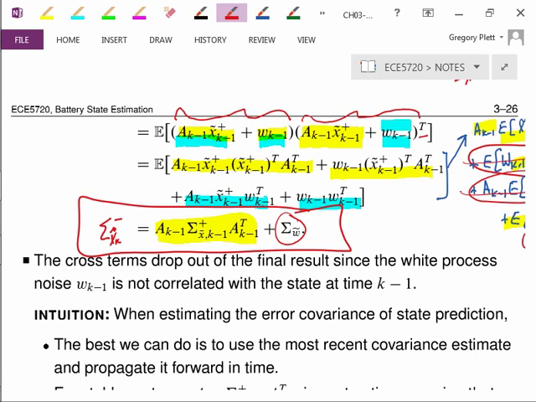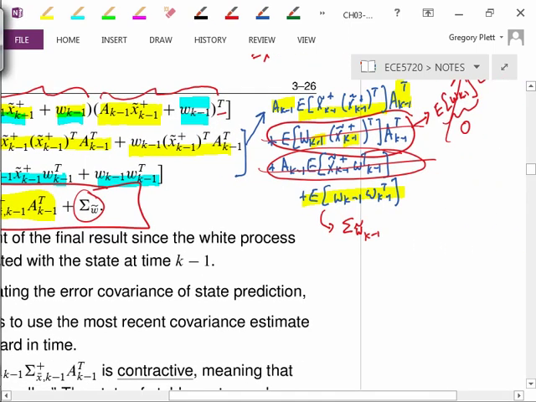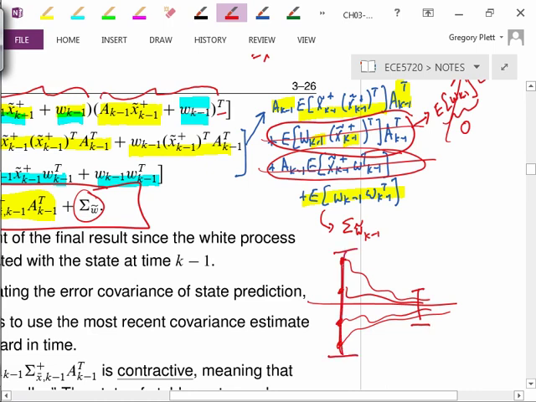First thing is, if we have a stable system, the A matrix is contractive, which basically means that your state is collapsing towards 0. If I have some state versus time, it might be here, collapsing towards 0, or here, collapsing towards 0, or there, collapsing towards 0. The main point is that over time, the uncertainty is getting smaller.